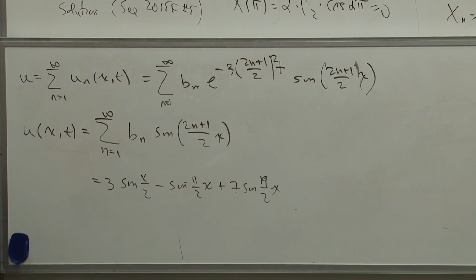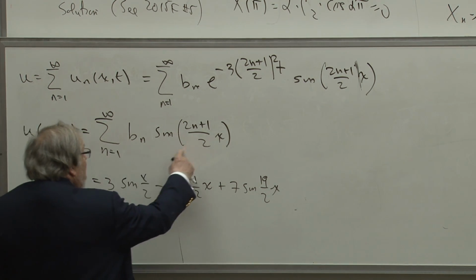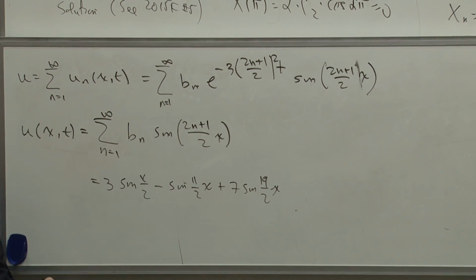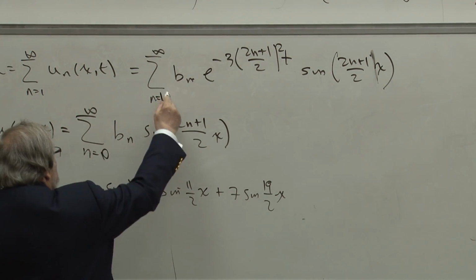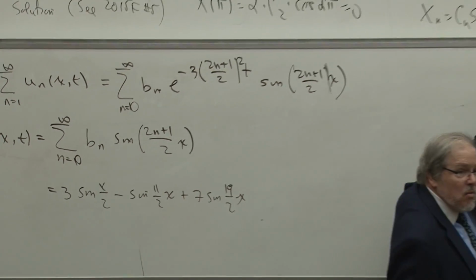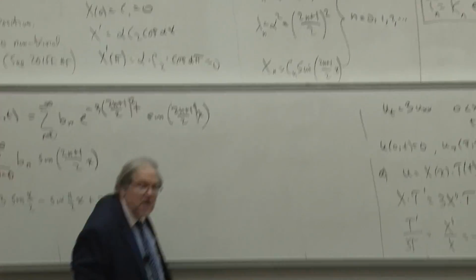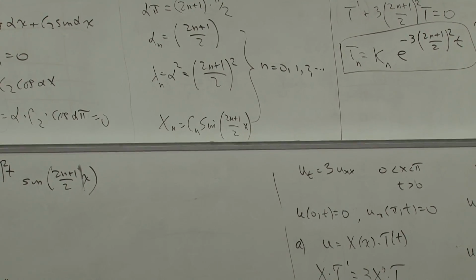And here it's just a matter of matching. I want to get something with sine of x over 2. Well, in there I get sine x over 2 from the n equals 0. These both start at 0 because I chose to start my indices at 0. Everything's got to be consistent, especially if I want to have a solution.